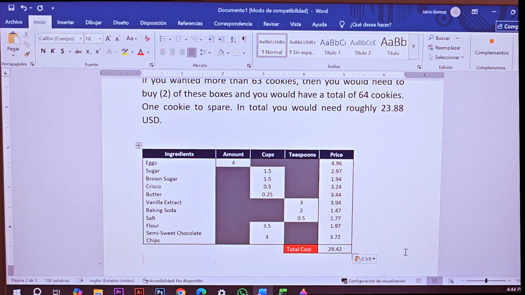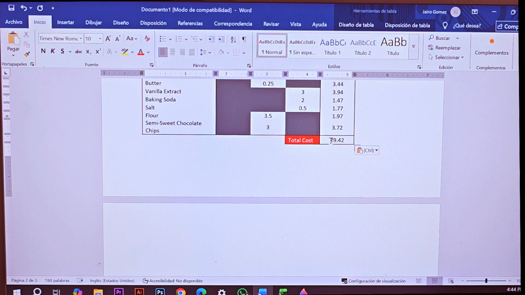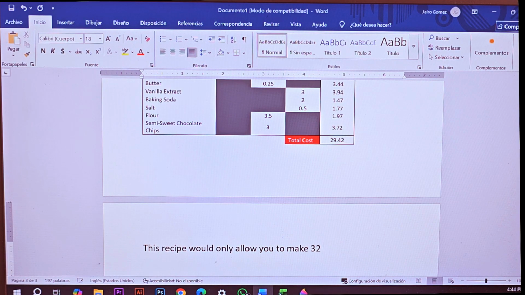So when you looked at it, you notice that it would cost you, just to buy all the ingredients, $29.42. And this recipe would only allow you to make 32 cookies.